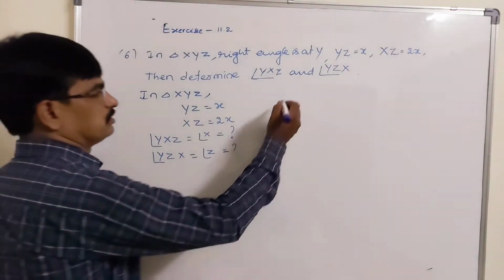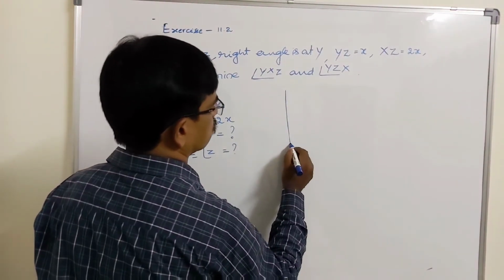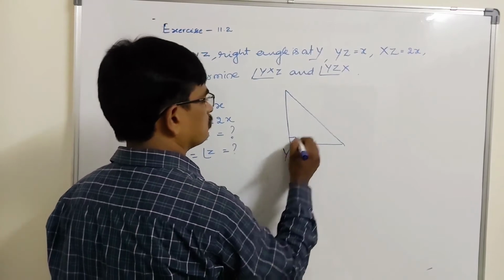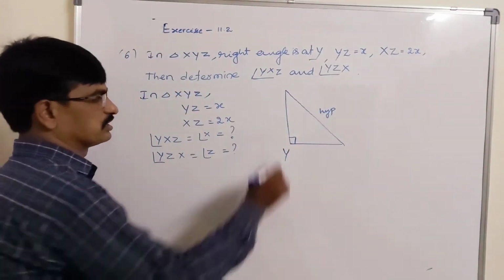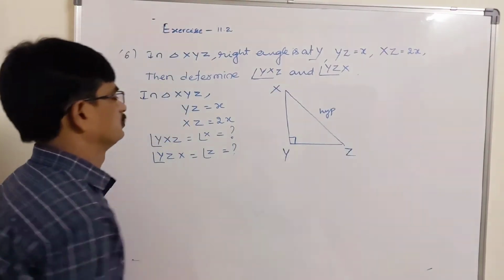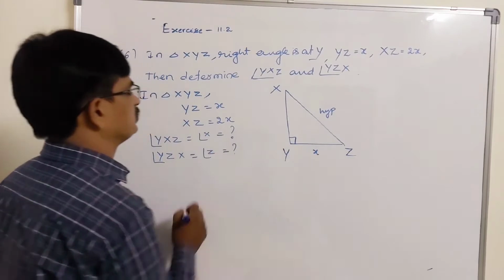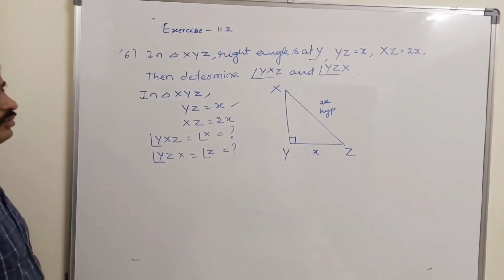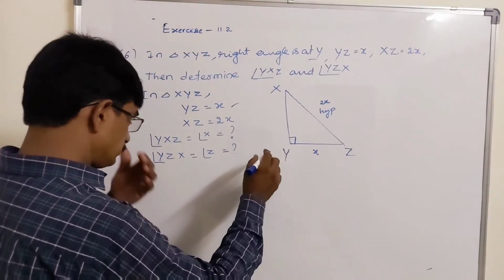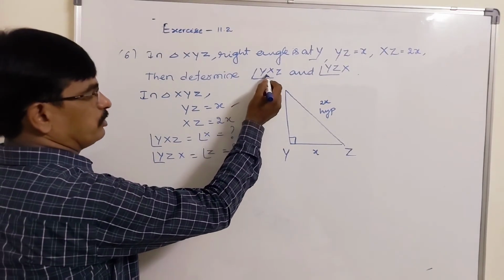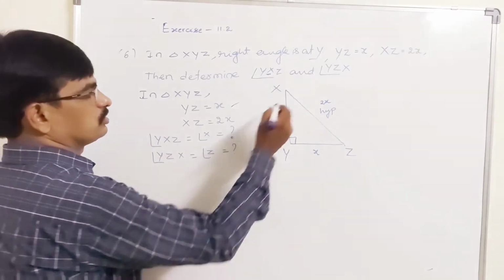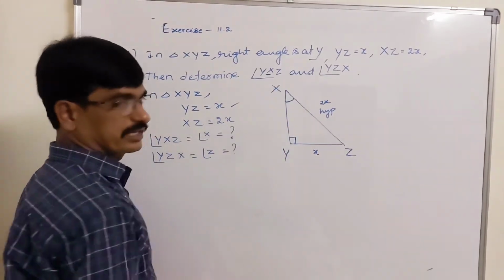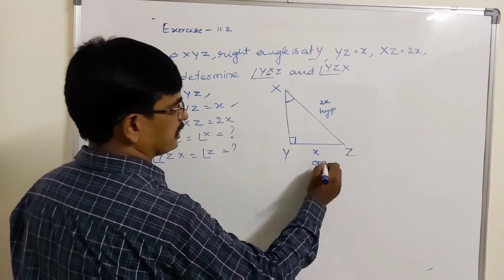Now let us draw the triangle XYZ. So right angle at Y, that is, let it be here Y, then it becomes the hypotenuse, then X, Y, Z. So here YZ length is x given, XZ length is 2x given, and we have to find out angle X and angle Z. So now mark at vertex X. Then it becomes the opposite side, then hypotenuse.